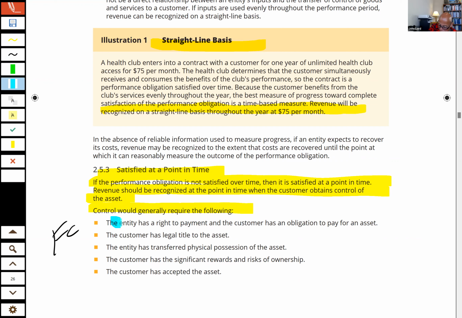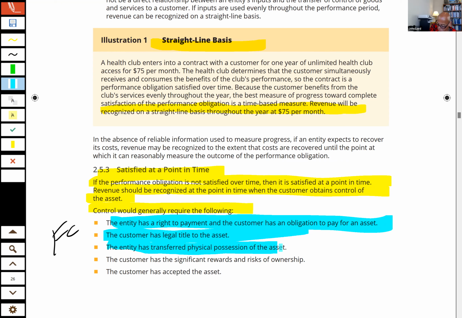The entity has the right to payment, and the customer has an obligation to pay for the asset. The customer has legal title to the asset. The entity has transferred physical possession of the asset. You think? I mean, once the customer's got it, right? The customer has the significant risks and rewards of ownership, and the customer has accepted the asset.